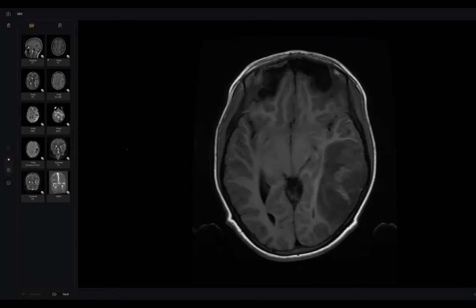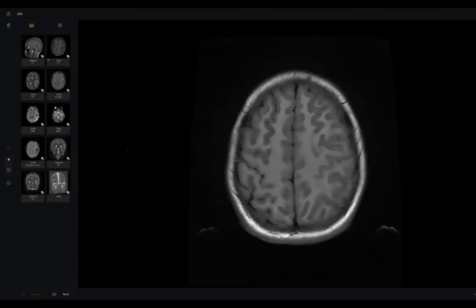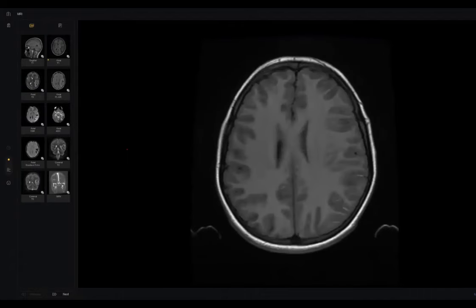It appears well defined with apparent involvement of the cortex, and gives a heterogeneous and predominantly hypointense signal with effacement of the ipsilateral trigone of the lateral ventricle, and slight mass effect with effacement of the sylvian fissure as well as some basal cisterns.